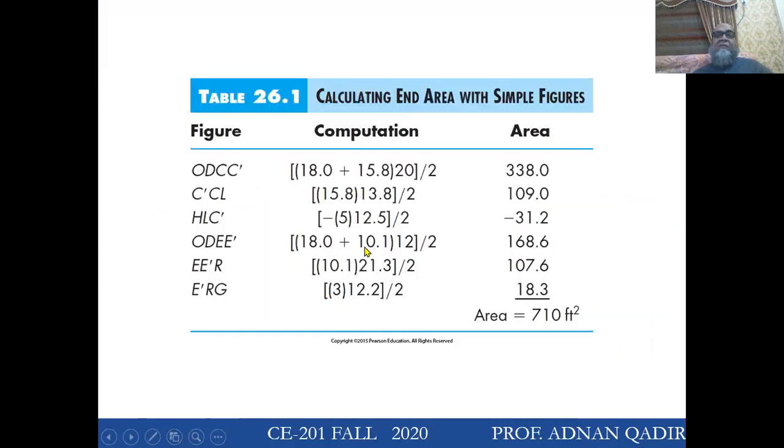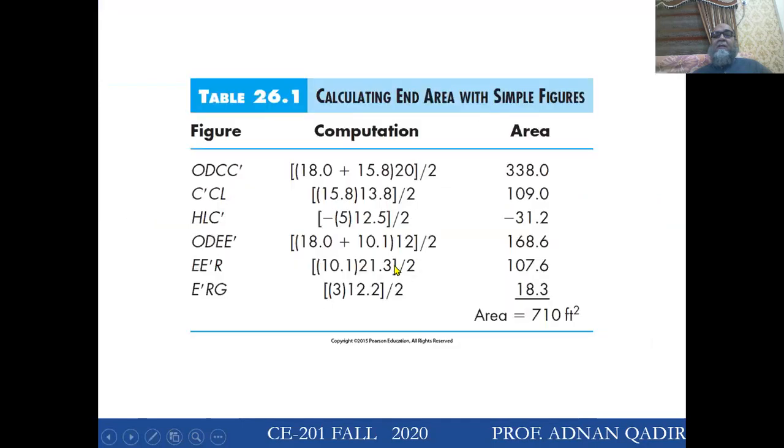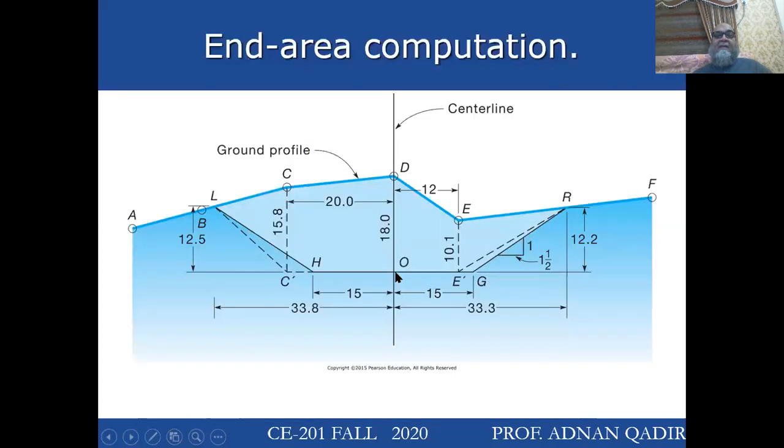So if you calculate ODCC dash, this is 18 plus 15.8 divided by 2 multiplied by 20. This is the area. C dash CL, this is 15.8, and the height is 12.5.